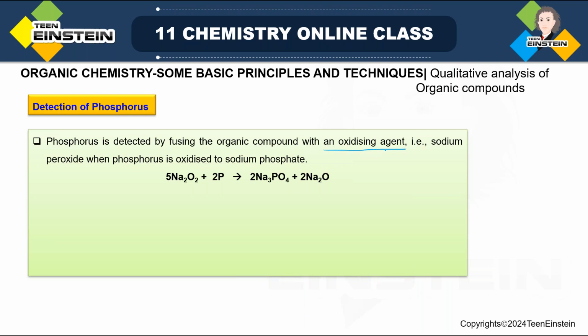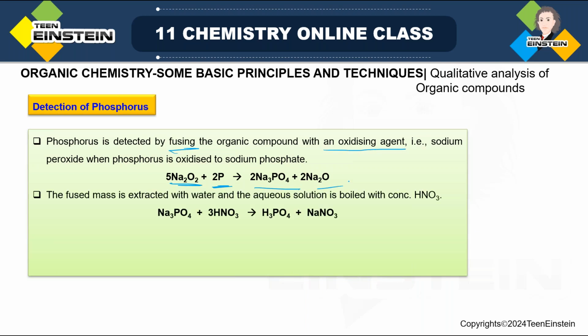So first we fuse the organic compound with the oxidizing agent, sodium peroxide. The phosphorus present in the organic compound will be oxidized to Na3PO4, sodium phosphate, and Na2O.